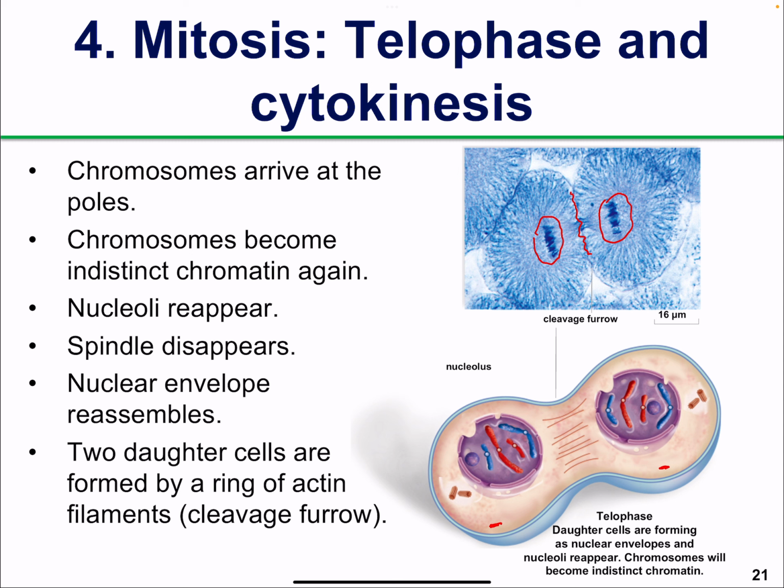So going forward, we're going to have the cleavage furrow that is going to pinch, to come more and more together until it pinches off, which means that the plasma membrane has to grow, right? The plasma membrane has to grow.